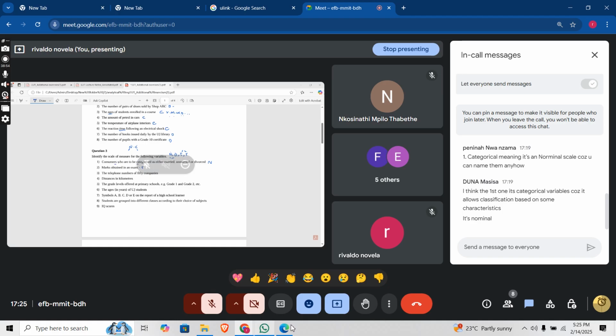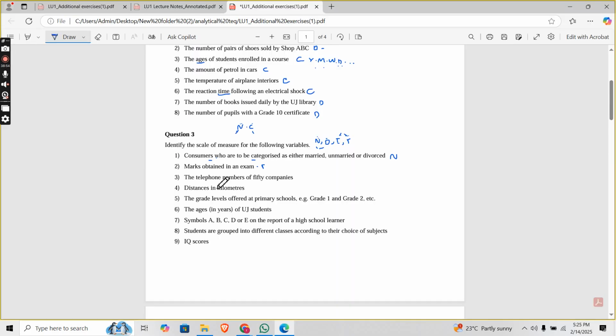Why do we use the nominal scale? The first thing is, at the back of my mind, I said that this is not numerical data, it's categorical, which means it can either be nominal or ordinal.